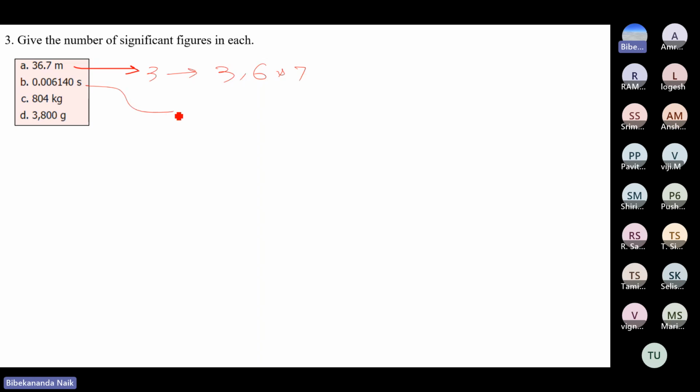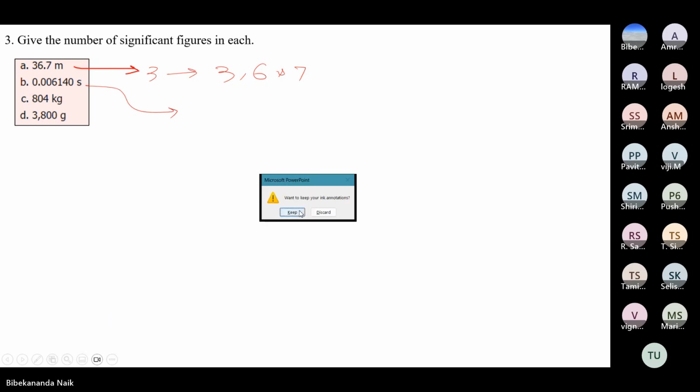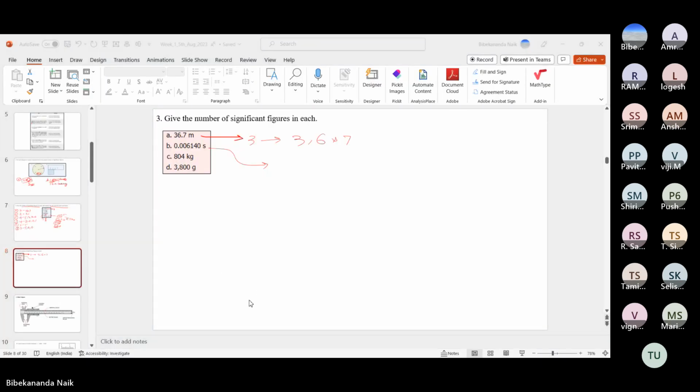Similarly, in B, can anyone tell me what is the number of significant figures? Four. Yes, it's 4. Can you explain how it is 4?